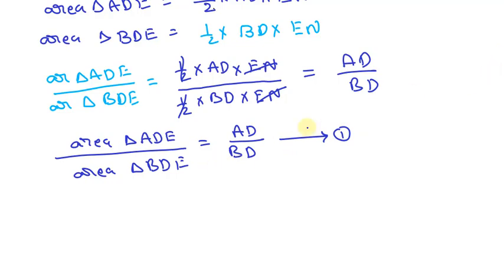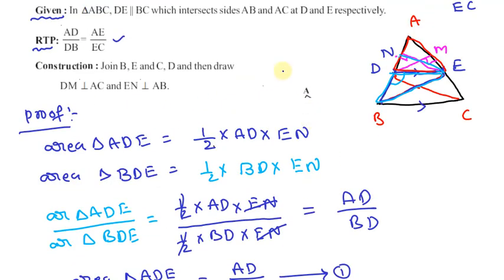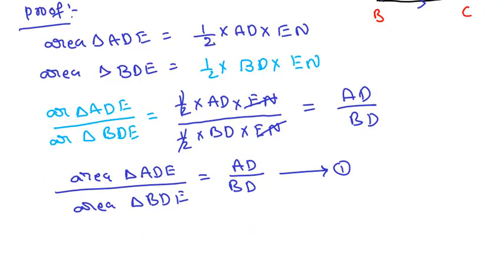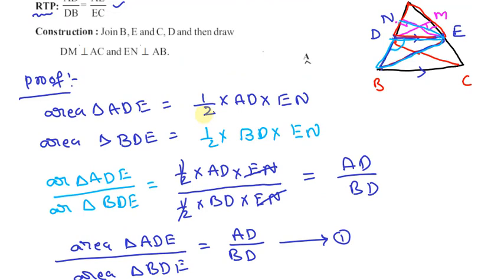Now let me take another triangle, that is triangle CDE. In this triangle CDE, if you consider AC as a base, then the perpendicular line drawn through the point D, that is DM, will be the height for this triangle CDE.